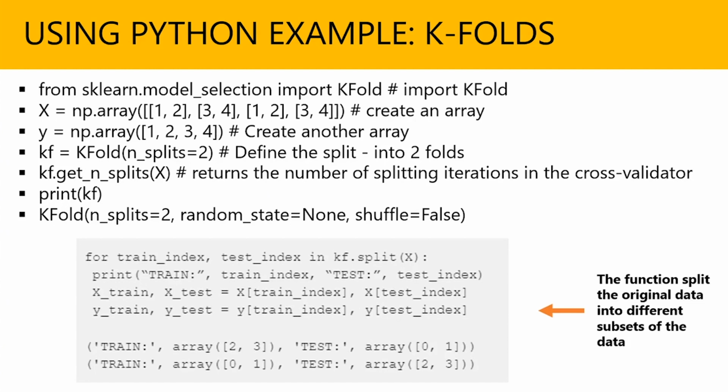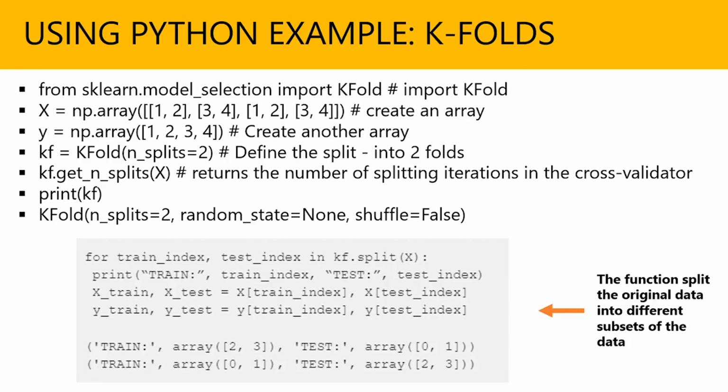Here's an example of how you would actually go about cross-validation. Again, this is just an example to show you, so you don't have to worry about all this code here. This is Python using scikit-learn. This program would allow you to cross-validate using k-folds. If you're a programmer, you would understand this. If you're a non-programmer, not to worry.